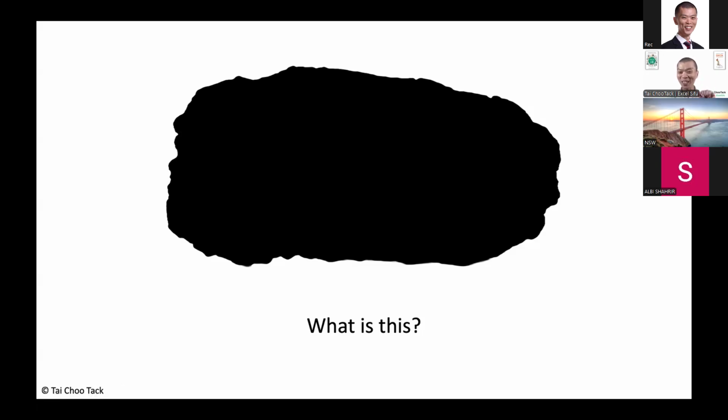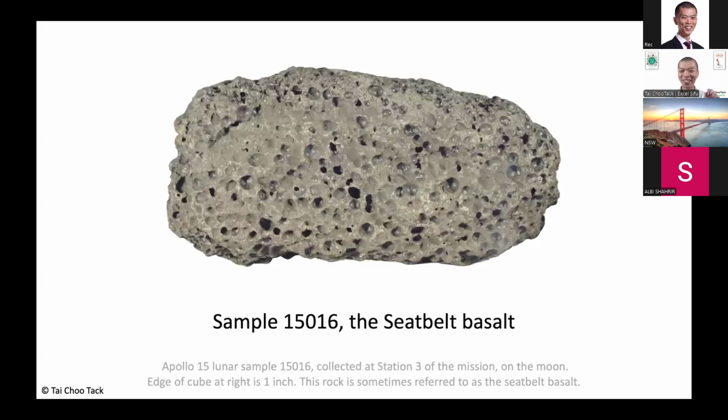Yep, thank you, Samsudin. So if you want to know more about this particular object, because everything is dark, that is the moment I want to switch on the light so that we are able to see what is on the surface. This is a rock retrieved during the Apollo 15 mission from the moon.